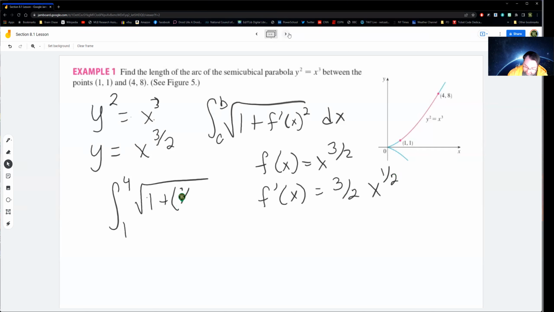So I've got 3/2 x to the 1/2, squared, dx. Any questions with those?